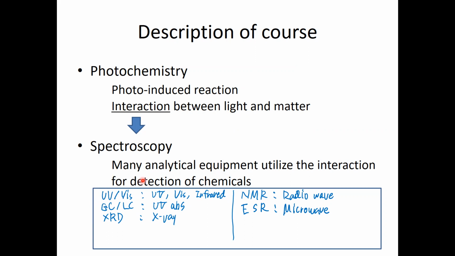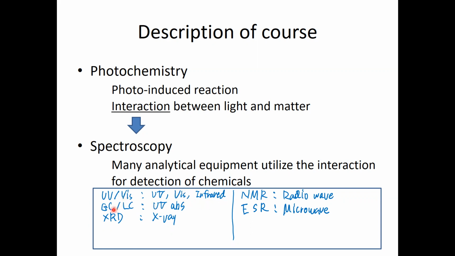Probably you may not notice this, but the most familiar one is the UV-visible absorption spectrum. In this method, UV, visible, or infrared light is used for light absorption of the chemicals, and then we can know the chemical species.